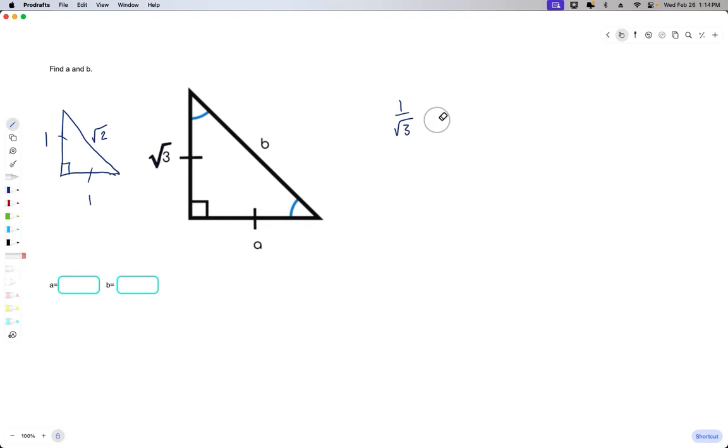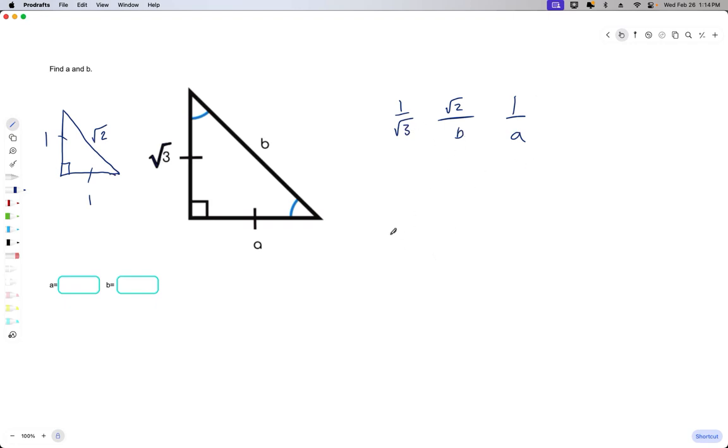Actually, let me just set up my proportions. So then I'll have square root of 2 over b and I'll have 1 over a, because I'm going with this triangle in the numerator and this triangle in the denominator. And the sides are the same sides in each fraction.